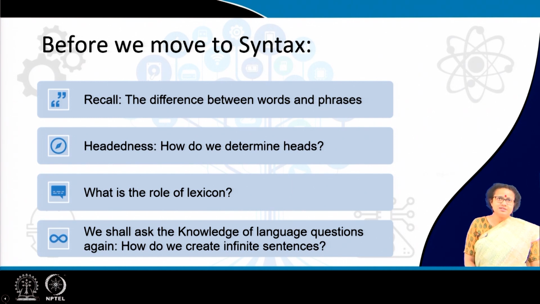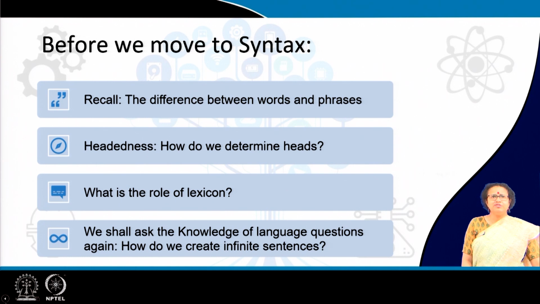We also asked the questions related to the role of a lexicon. We went back to this idea of mental lexicon. If you remember, we started the lectures on morphology from mental lexicon. We started asking this question, what is a mental lexicon, how do we put different components together inside our head, whether there is something called words in the mind or not.